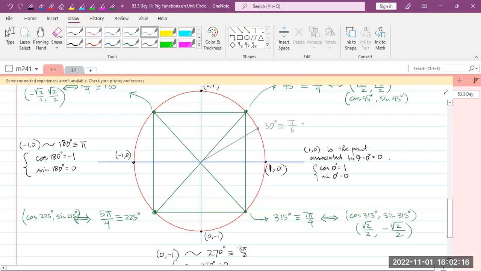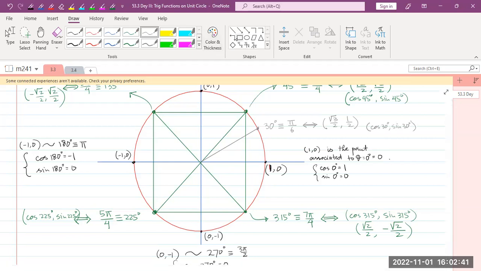Now we know cosine 30 degrees is radical 3 over 2, and sine 30 degrees, for the y, is 1/2. Right? That's cosine 30 degrees, sine 30 degrees.